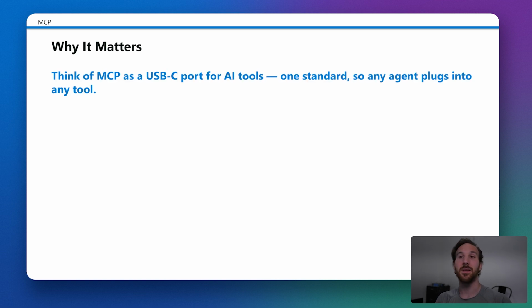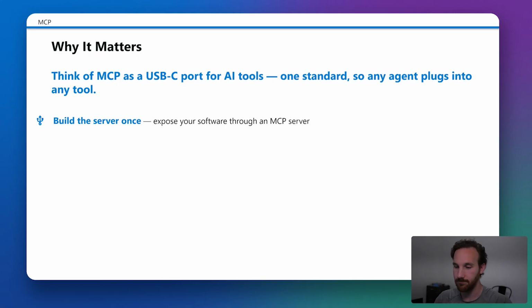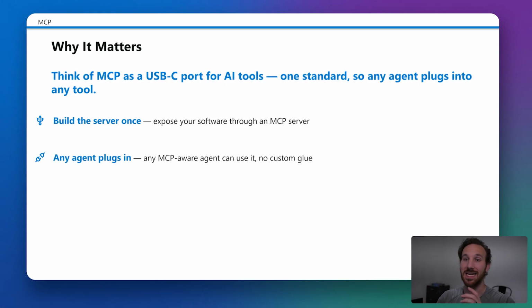Think of MCP, or Model Context Protocol, as kind of like a USB-C port for all AI tools. It's one standard way that every agent can plug into the tool. You build the server one time. It exposes software through an MCP server. So you can connect your agent to any type of MCP server and already have access to that tool.